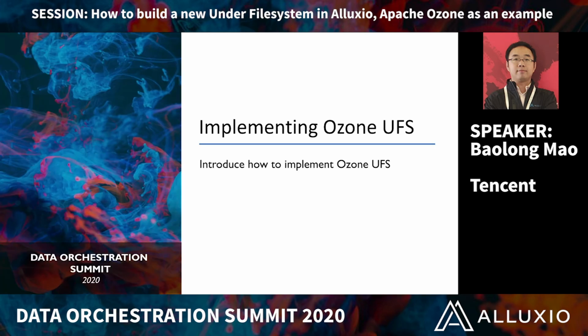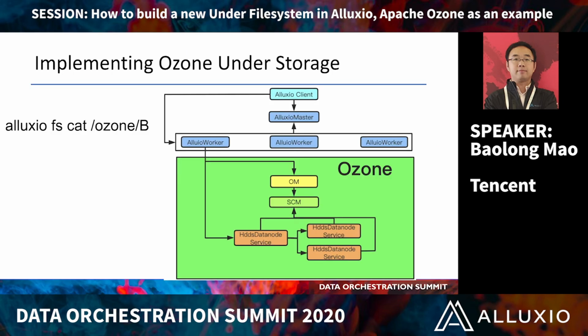In fact, Ozone can now be an underfile system of Alluxio, after my pull request was merged, so that we can mount Ozone to Alluxio. The Alluxio client can access Ozone through the Alluxio master and worker. The most important motivation for this work is that Alluxio can keep the file system semantic metadata for Ozone.